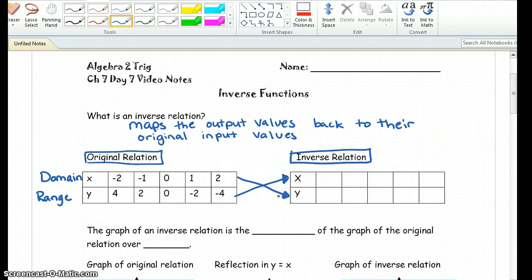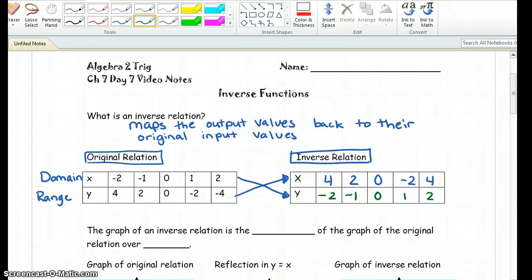In this case, all the x values are going to come from the y: 4, 2, 0, -2, 4 will be all our x values. And the y values would be -2, -1, 0, 1, and 2. So basically the x and the y switch their places.